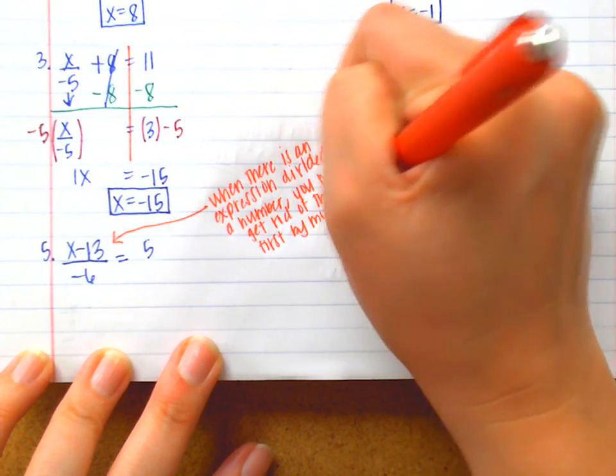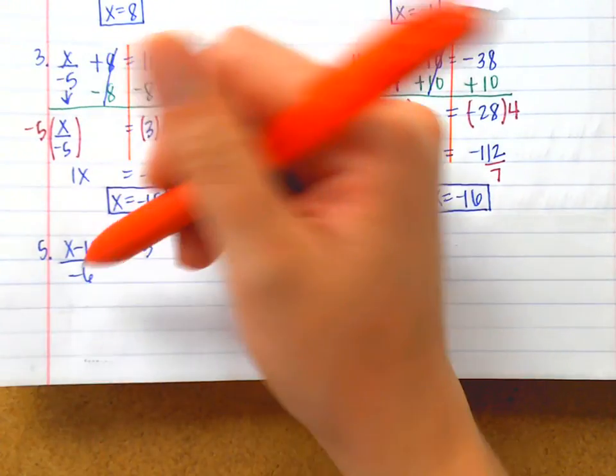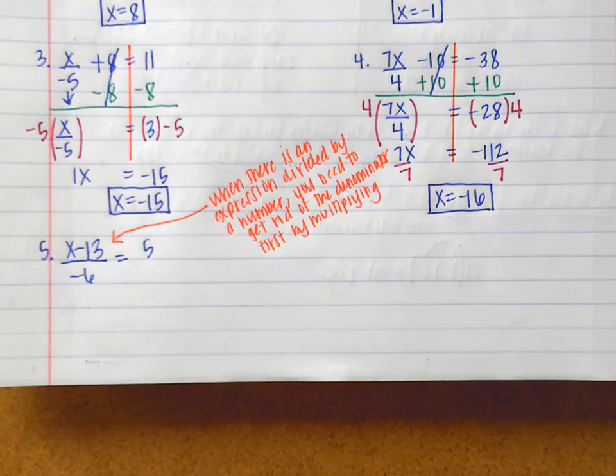Now, the reason why is because this 13 is also being divided by that -6 too. So it's easier just to get that out of the way first.